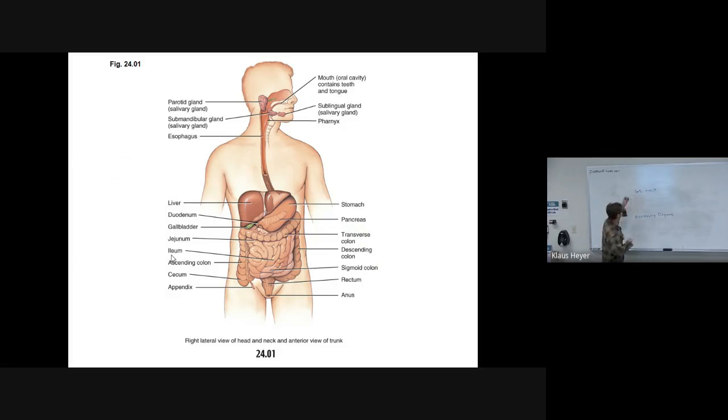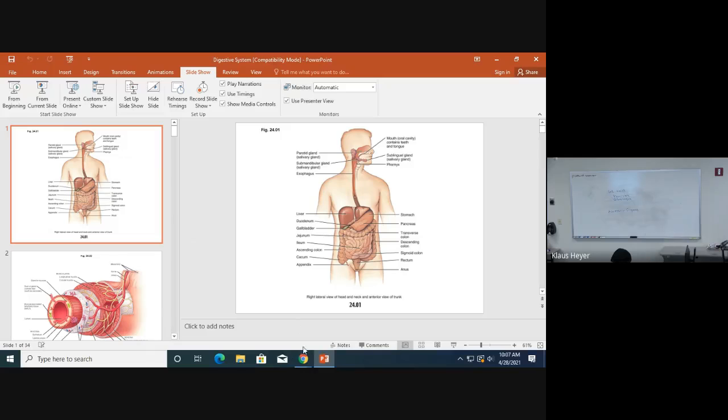The GI tract starts with the mouth, which we call the pharynx, which I may or may not have spelled right. And then from there, you swallow the food and it goes down your esophagus and into your stomach.